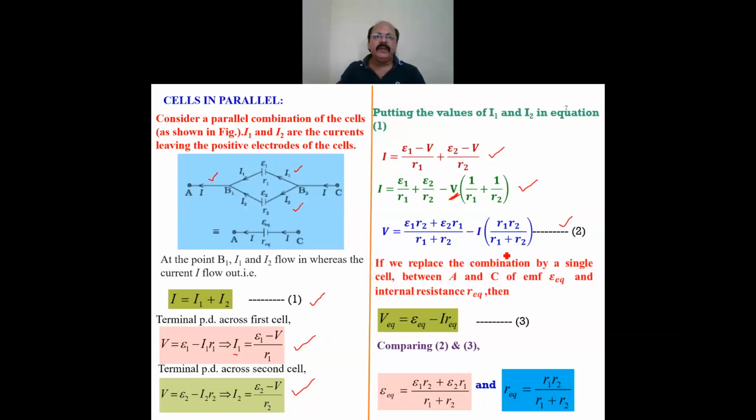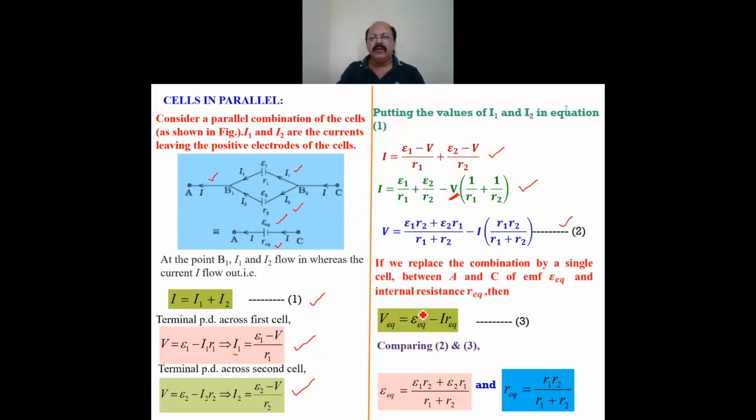Now we replace this combination by a single cell of EMF E equivalent and internal resistance R equivalent. Then further we find out the potential difference between points A and C. What you will get?